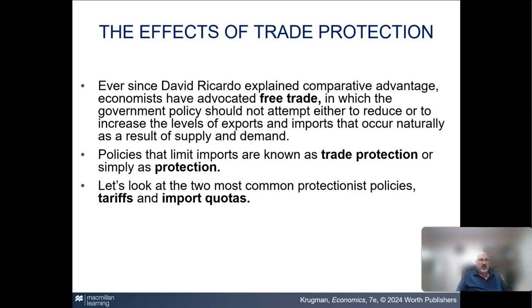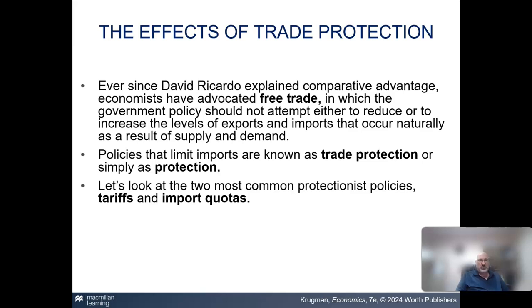The effects of trade protection. Ever since Ricardo explained comparative advantage, economists have advocated for free trade, in which government policy should not attempt to either reduce or increase the level of exports and imports that occur naturally. Anything that limits imports is trade protection, or sometimes just called protection.